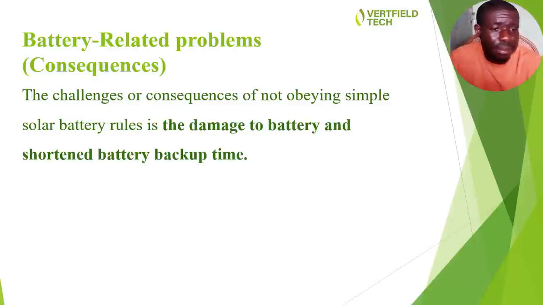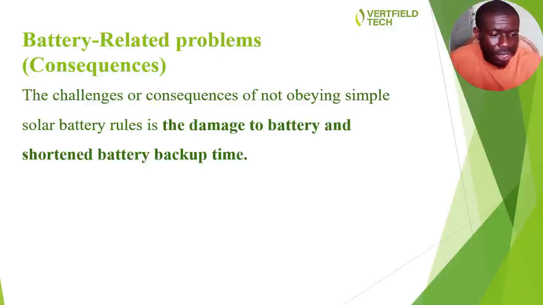It leads to damage to the battery and shortened battery backup time. Which means when you mix your old and new batteries together, initially it might run for the length of time you want it to run, but as the day goes by, you will be seeing it drop drastically, and that is not too good for you.